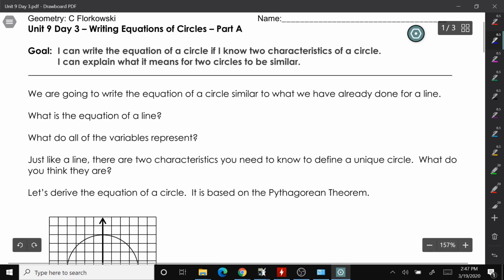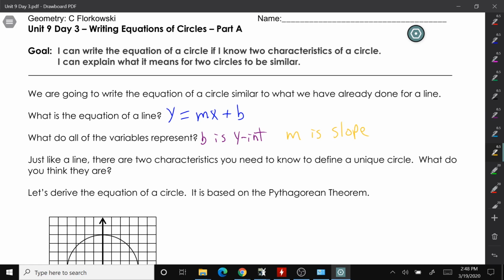So remember, we've graphed lines before, and that equation is y equals mx plus b, where b is the y-intercept, the starting value, and m is the slope, or also known as your rate of change. So we have those two characteristics, a y-intercept and a slope of a line.